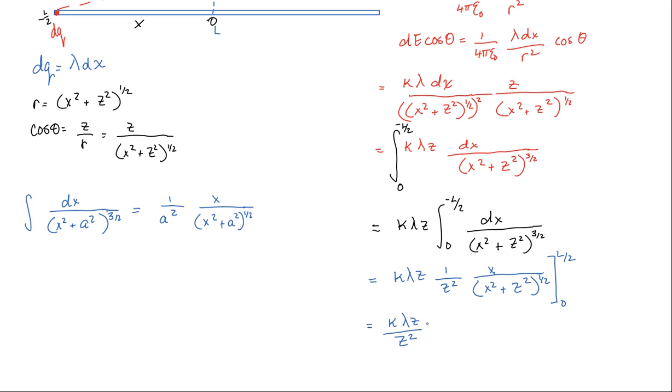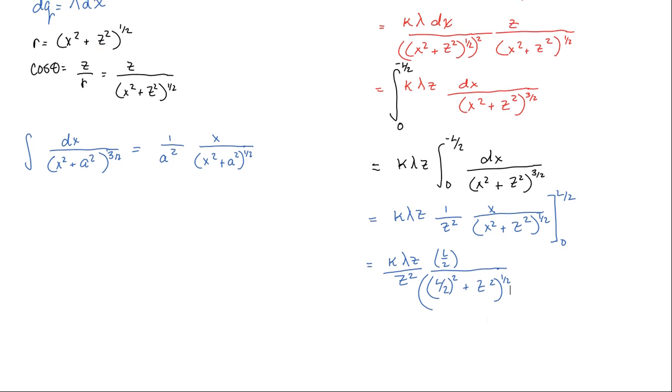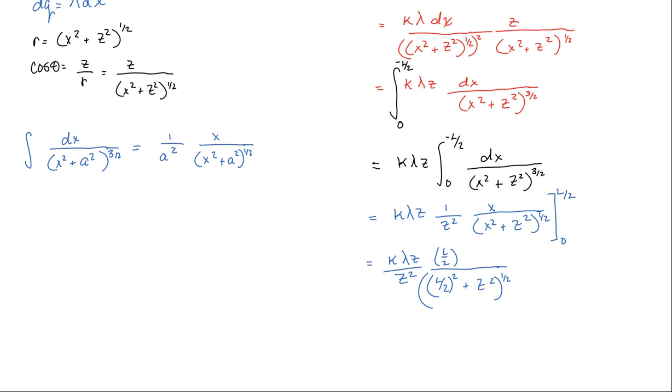So my upper limit is L over 2 over the square root of L over 2 squared plus z squared. And then I can do the 0, but it would just all come out to be 0 because I'm going to plug in the 0 up top here and it's all gone. So I'll have this expression, okay, and now I'm going to do some simplifications.